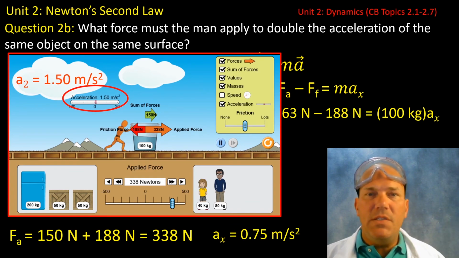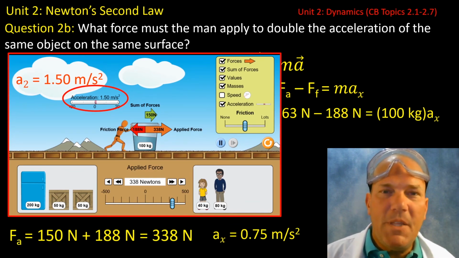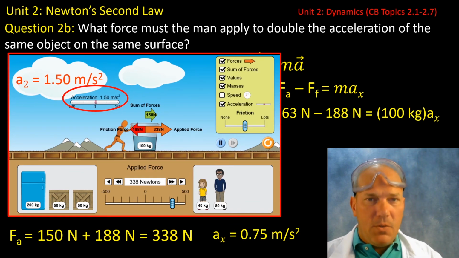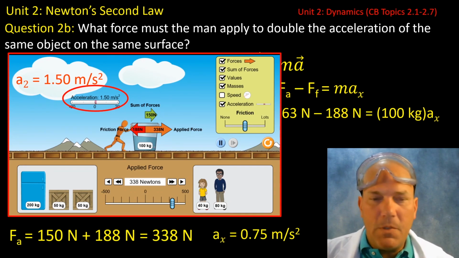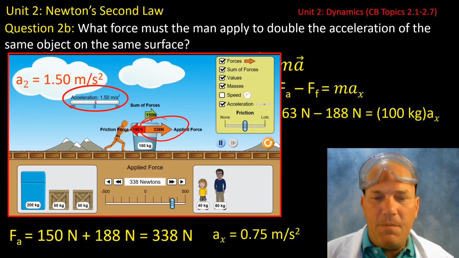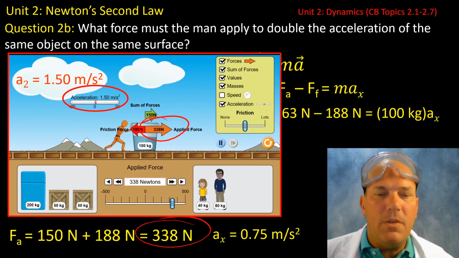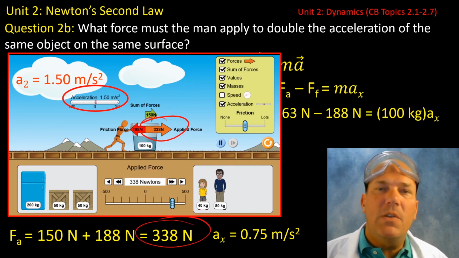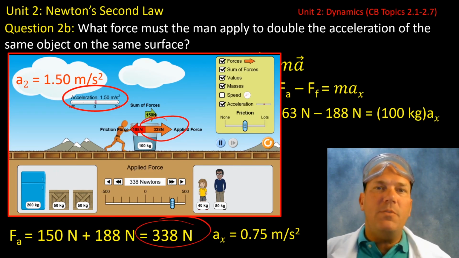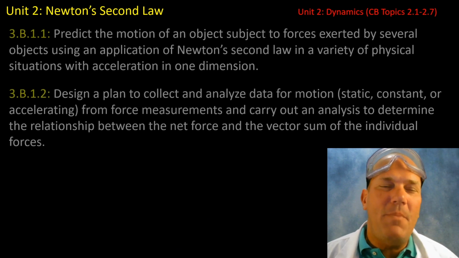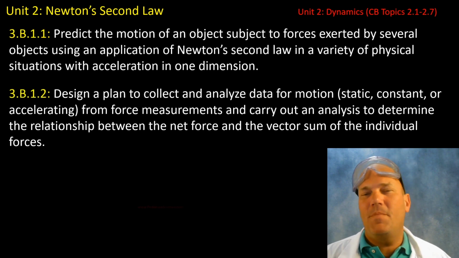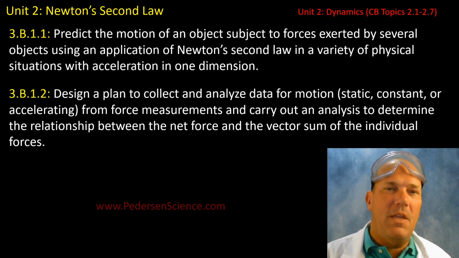And as you can see here with this simulation, and again, go on and do it yourself, you get with these exact numbers, here's the force applied to the right, and we did the physics to show that, 338 newtons, and that results in a 1.5 meters per second squared acceleration to the right, which was double that of the initial acceleration.